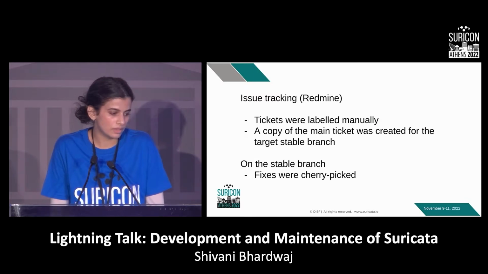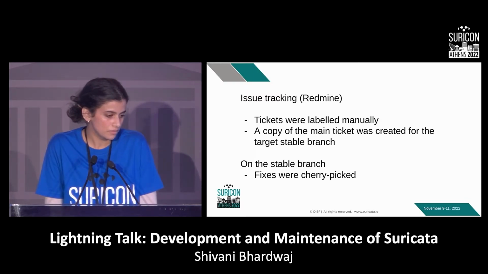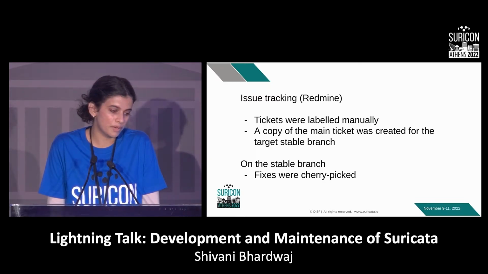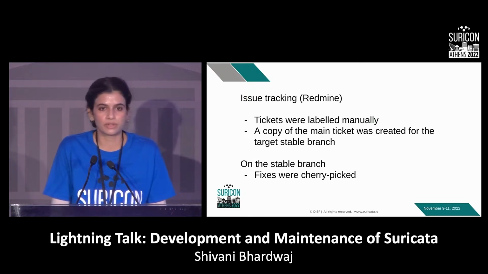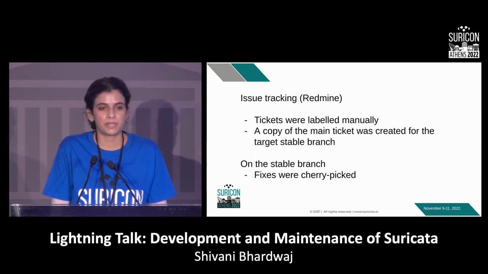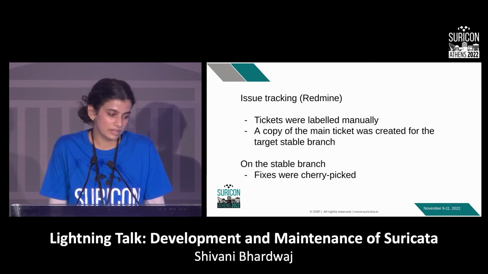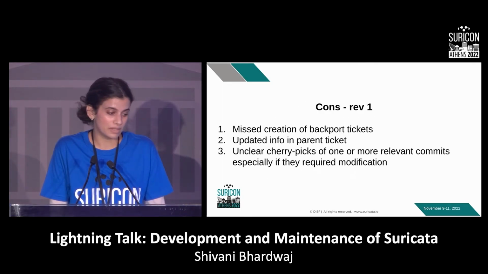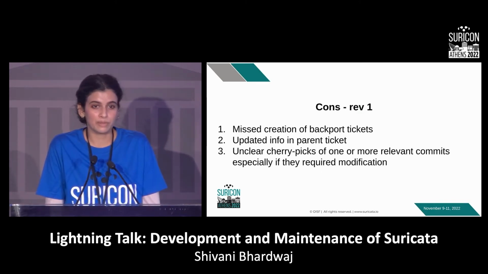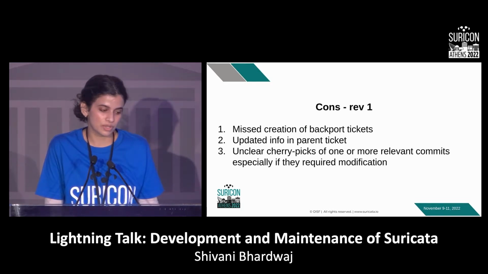First, when we started out on our issue tracking software Redmine, we were manually labeling the tickets, and a copy of main ticket was created for the target stable branch. And on the stable branch, we were cherry picking the fixes. This seemed like a nice approach at first, up until we actually faced that we forgot creating backport tickets for certain issues because it was just a copy.